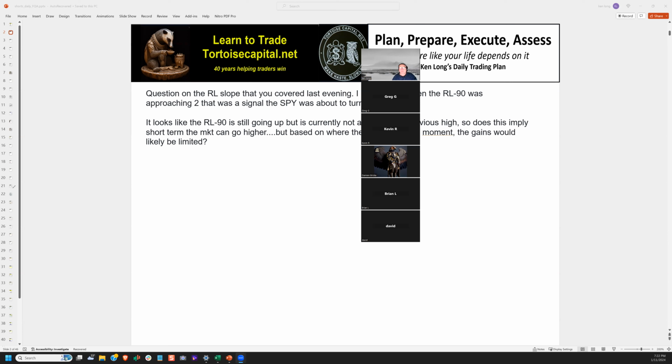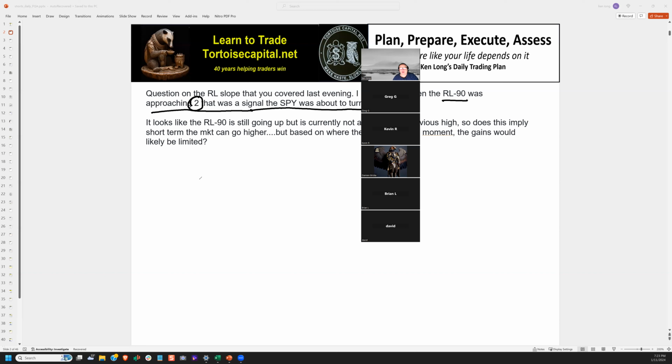All right, so first question. This is concerning the slope of the RL90, and Jay observes that when its z-score approaches 2, that was a signal in the past for the S&P that it was about to turn south. That's almost true.